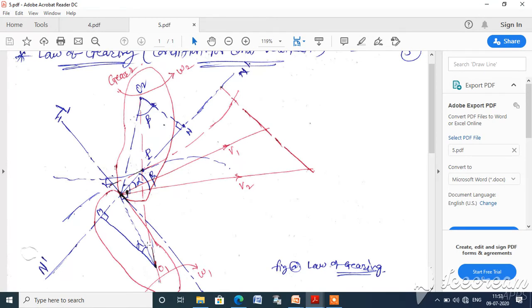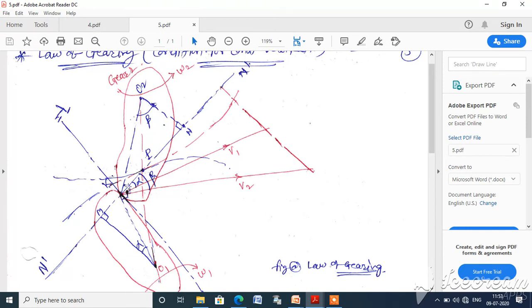Here alpha is the spiral angle, and here also alpha is the spiral angle of the other gear tooth. Here I mention another angle, beta. From the point of contact, let us draw a line showing the velocity of gear 1, which is exactly perpendicular to O1K.